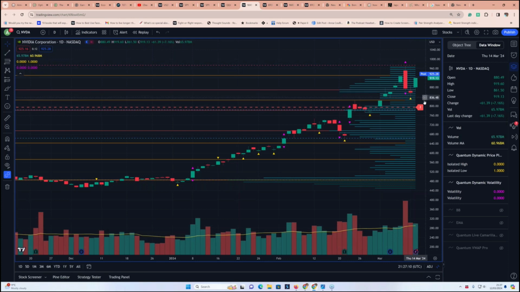But what we always want with any candle or any candle pattern is to see that the volume is also supportive of the move either higher or lower. Now, there is another factor that we have to bring in to the price action that we're seeing with Nvidia, which is that on Friday it is the quarterly expiries.